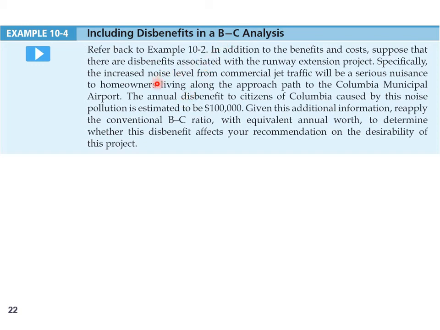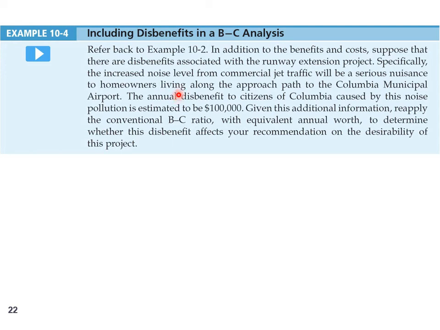Okay, so this is the same example of extending the runway in the airports. And now assume that due to the increase in the noise level because of the jet traffic, the homeowners living around this airport will have some problems.